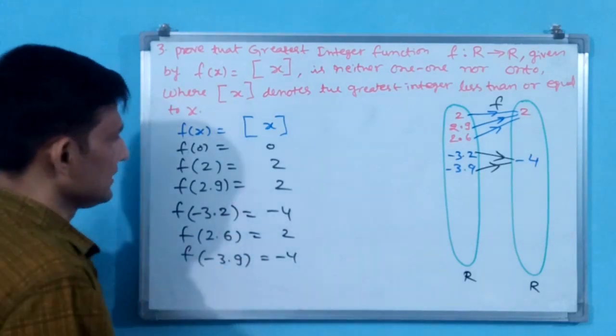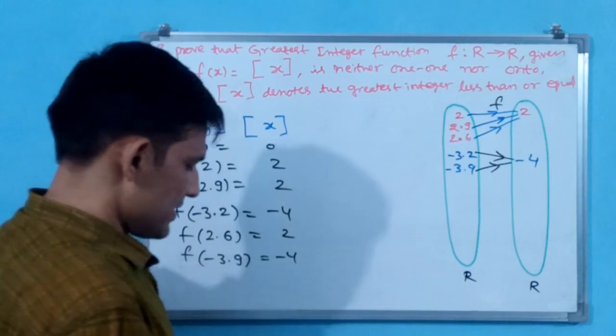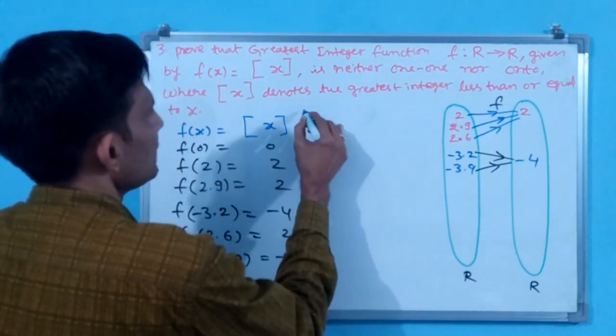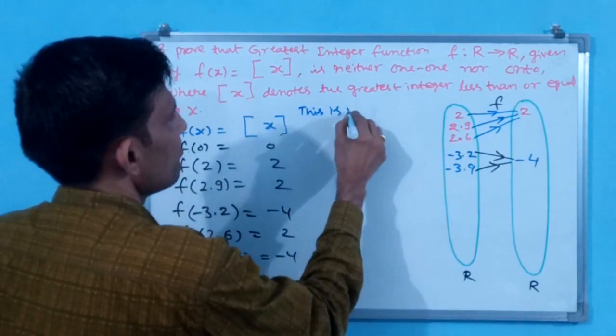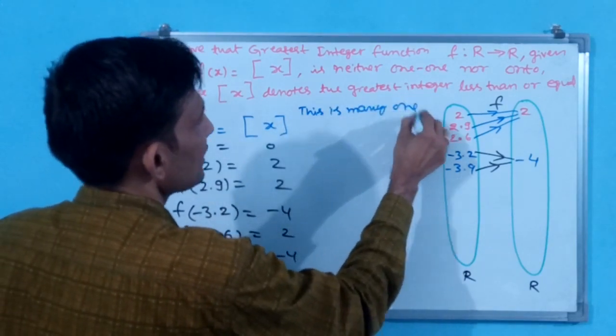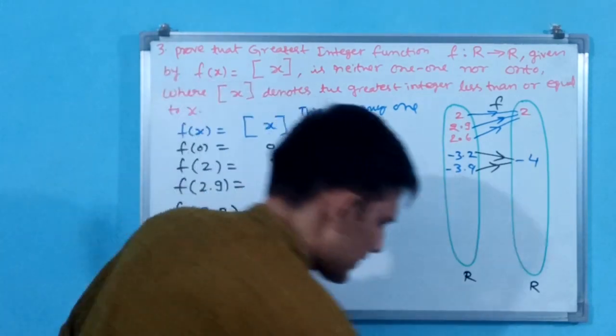We write like this. Here we write. This is many-one.